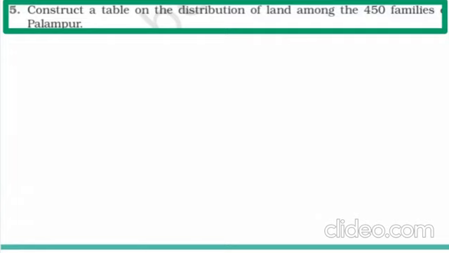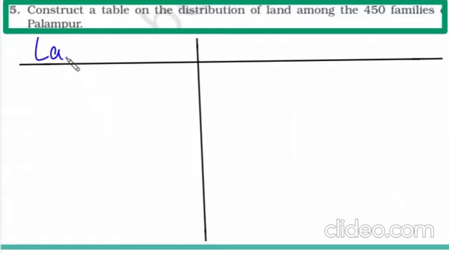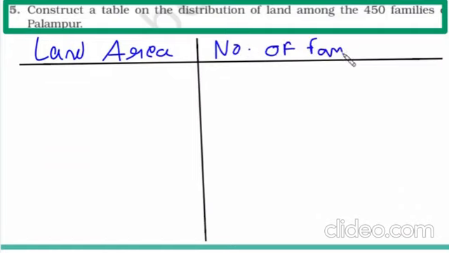We'll make two columns. The first column is the land area. In land area, we have three categories. And the next one is the number of families. These are our two columns.